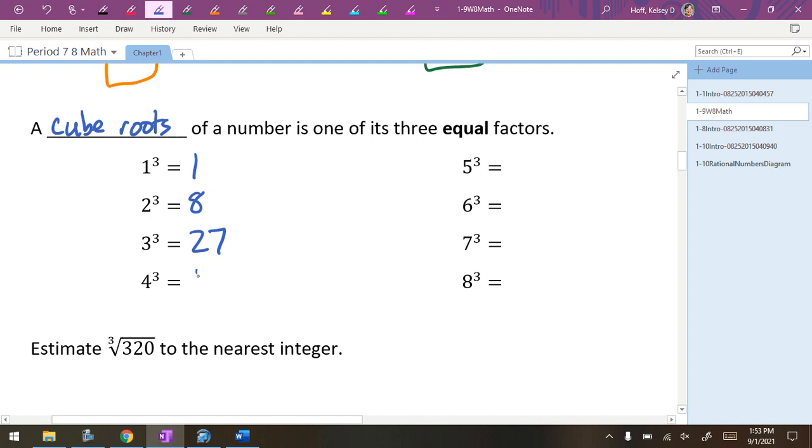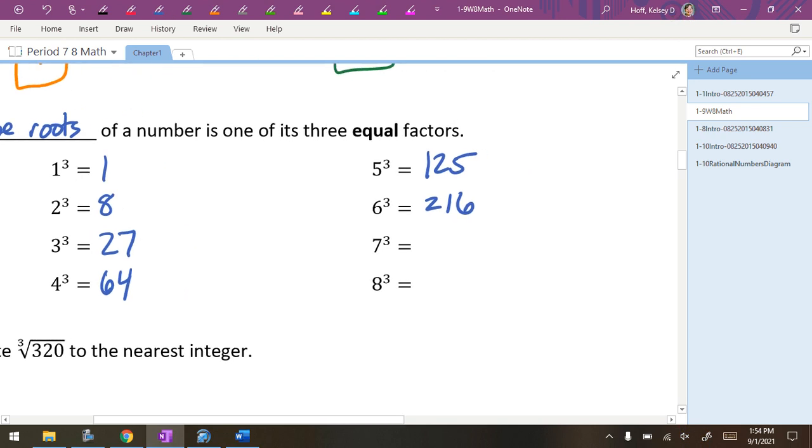Nicely done. 5 times 5, 25. Times 5, 125. 6 times 6 times 6, 216.